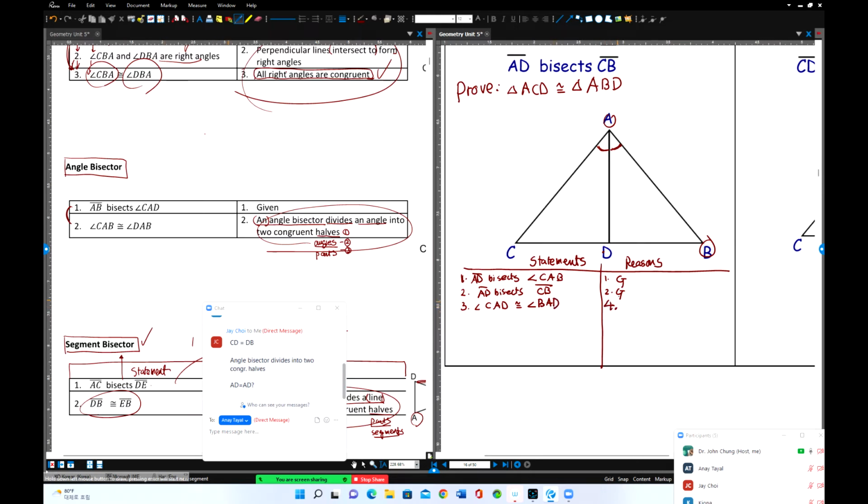The reason is, what is that? We just finished that angle bisector. Okay, I'm gonna write down. Divide an angle into 2 congruent, at this I'm going to use the parts.